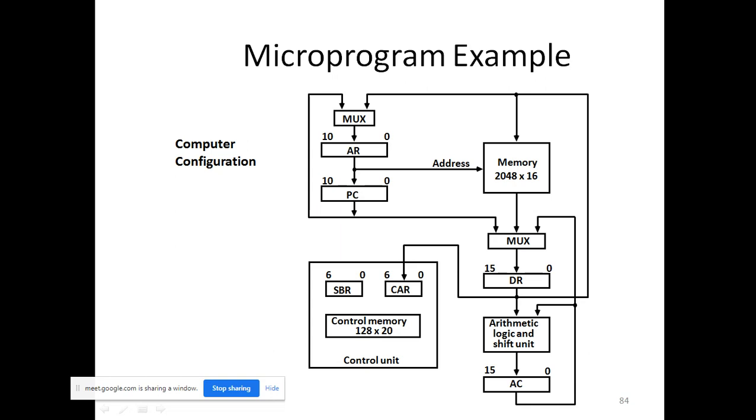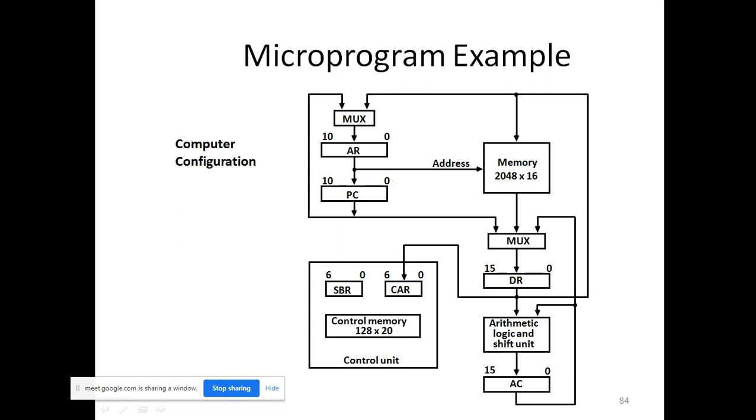So finally, these four registers are associated with the processor, that means the computer registers. Once again, the processor has four registers: address register, program counter, data register and accumulator. These belong to the processor, whereas the control unit is a separate unit.